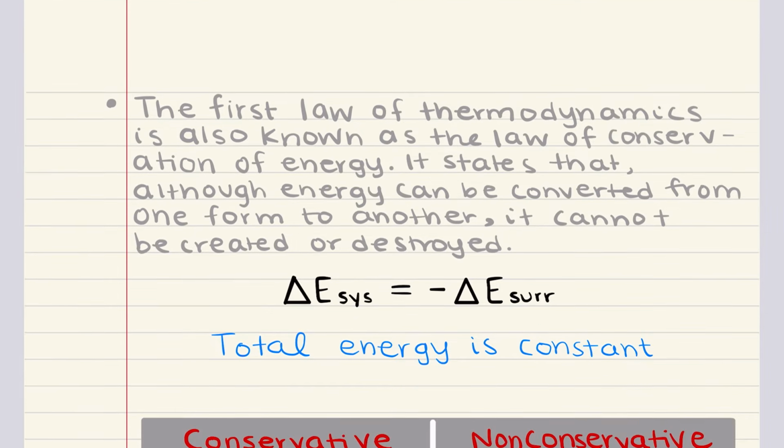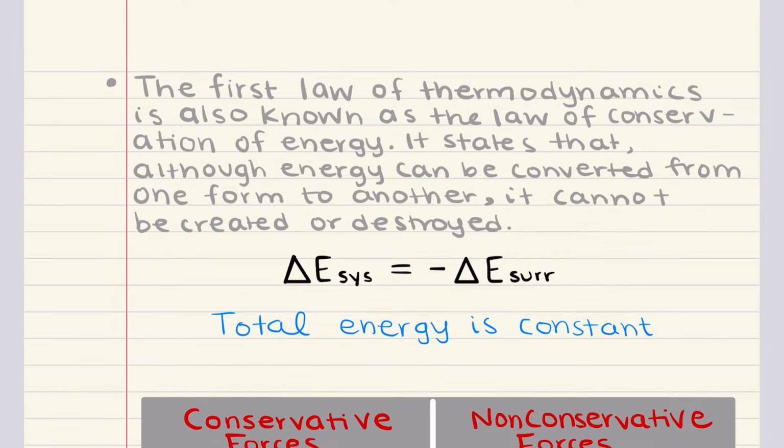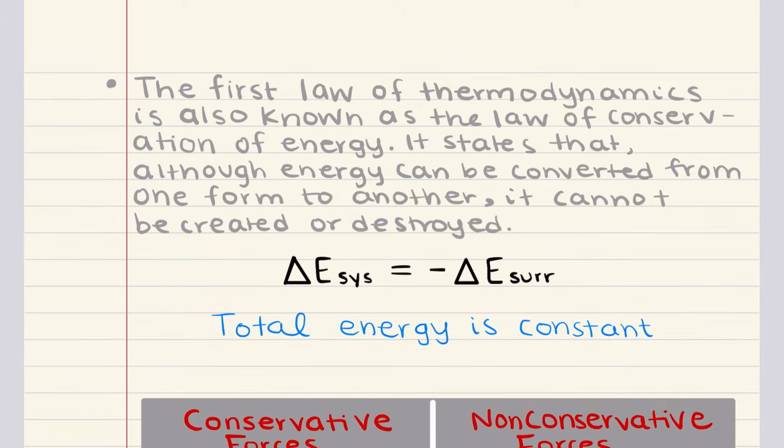The concept of conservation of mechanical energy is grounded in the first law of thermodynamics, which states that energy cannot be created or destroyed. It can only be transferred from one form to another. And this principle is really central to understanding how energy behaves in a closed system.